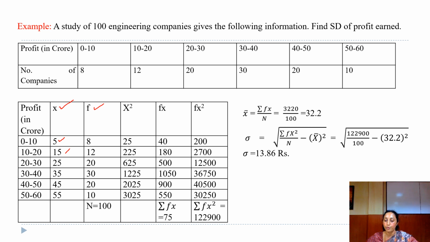Substituting, we get the answer as 13.86 crores. So this is the standard deviation in the profit earned by the 100 engineering companies listed in this table. This is how we find the standard deviation.